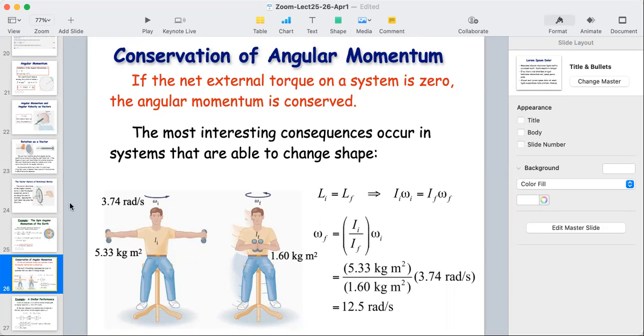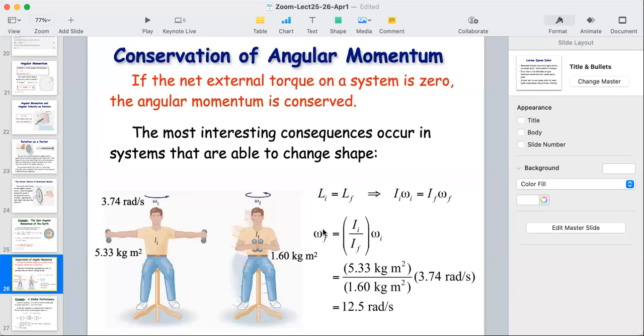In this case, we have 3.74 radians per second, and you see the guy has open arms on top of a chair that can twist around. As soon as he closes his arms, our moment of inertia changes from 5.33 kilogram meter squared to 1.60 kilogram meter squared.